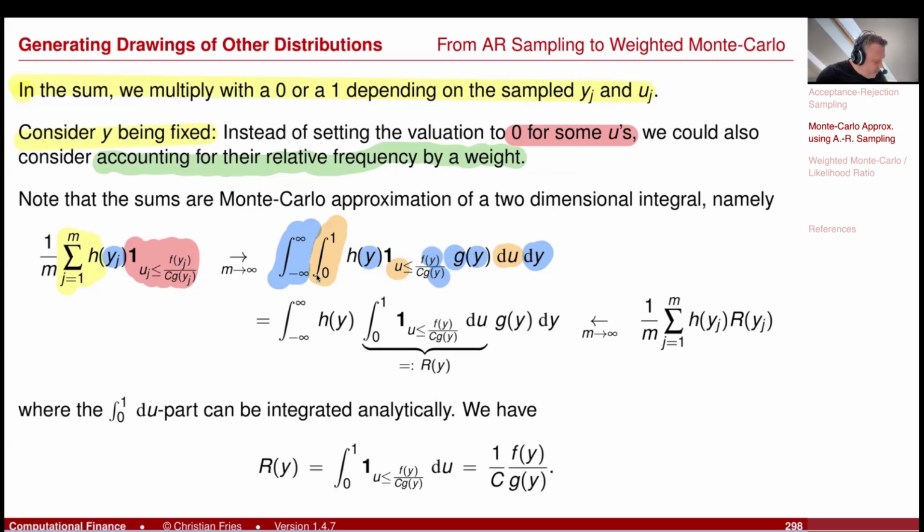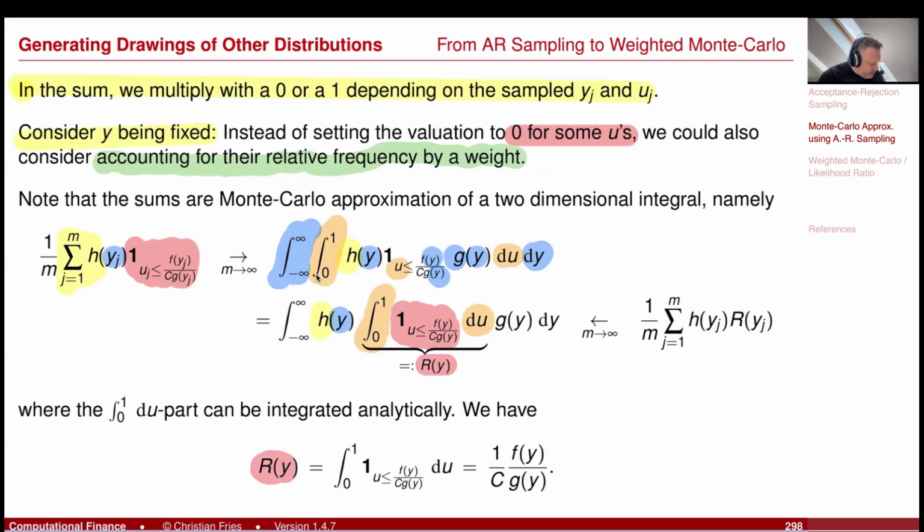So just move h(y), the function, in front, and then you have h(y) multiplied with the integral over the u part, which is just the integral of this indicator function, your acceptance criterion. This guy, let's call it r, depends on y for the fixed y.